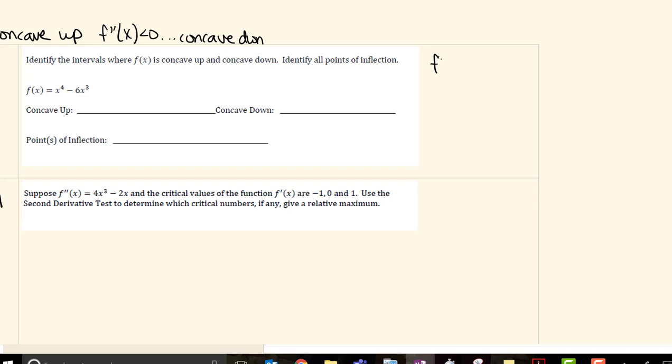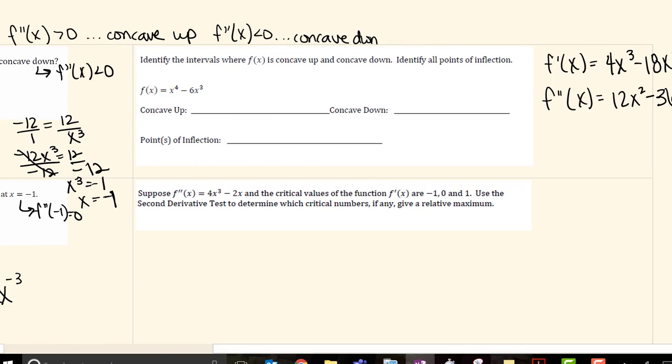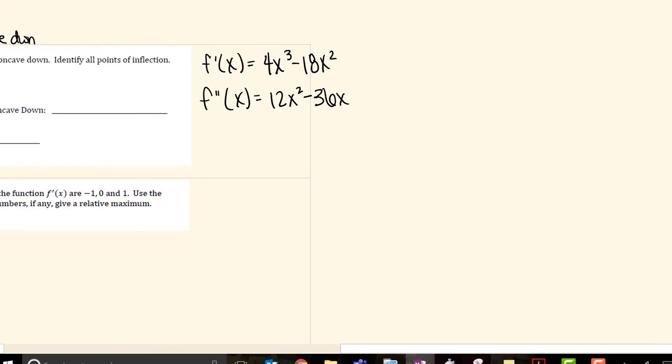I know that f prime of x is going to be 4x cubed minus 18x squared, and f double prime of x gives us 12x squared minus 36x. Factor out that GCF, which would be 12x. And my solutions are 0 and 3.